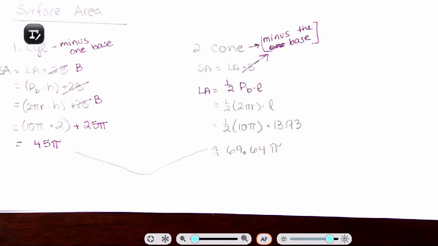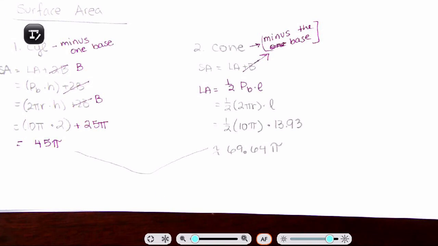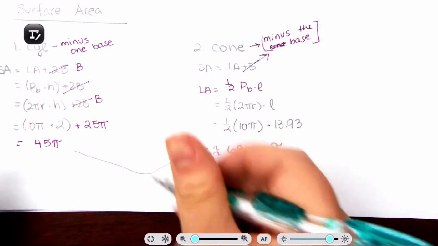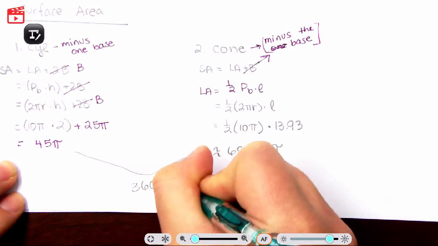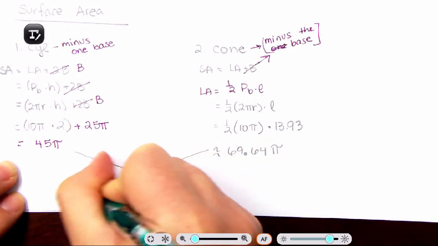So I have 45 pi, and I have 69.64 pi. Together, that gives me 360.15-ish centimeters for my surface area.